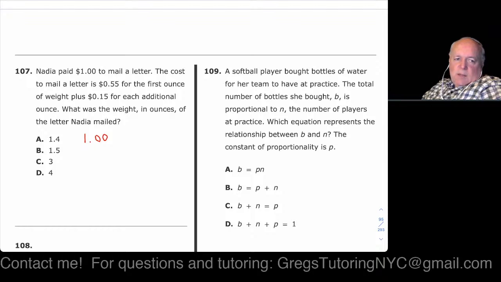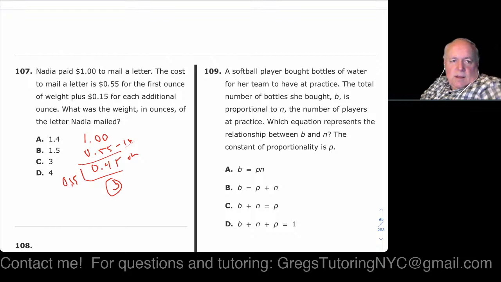So we could subtract off the 55 cents here from the dollar, and we get 45 cents. So this is the first ounce, and this is the others. So if each one after that is 15 cents, really what we have to do is divide this into here, right? And we end up getting 3 as the answer.